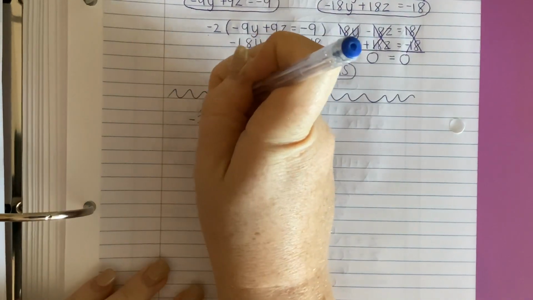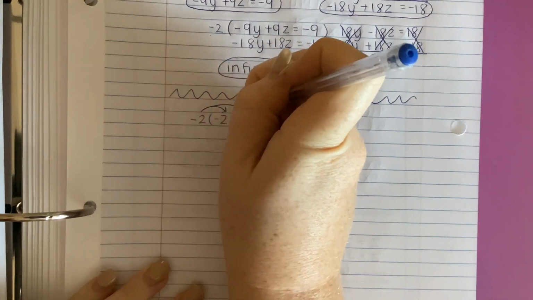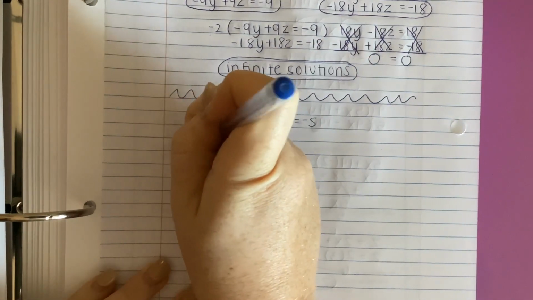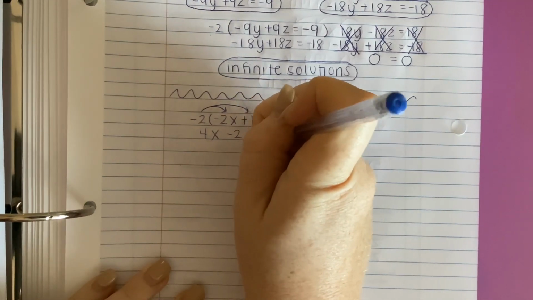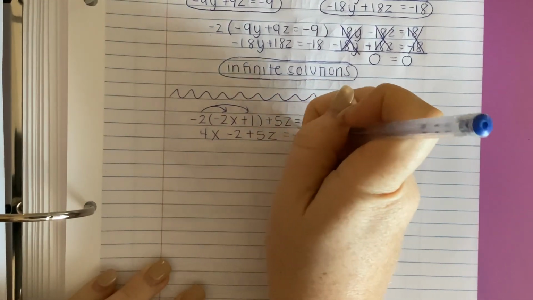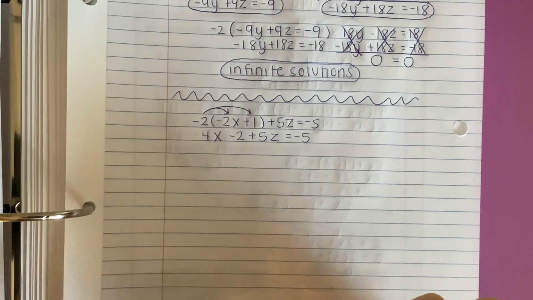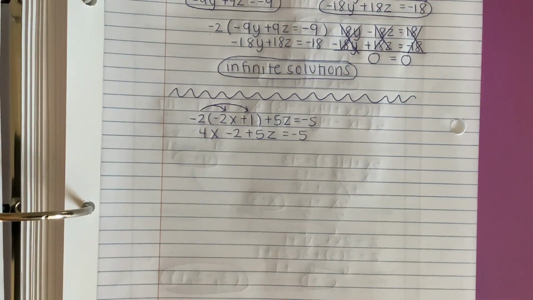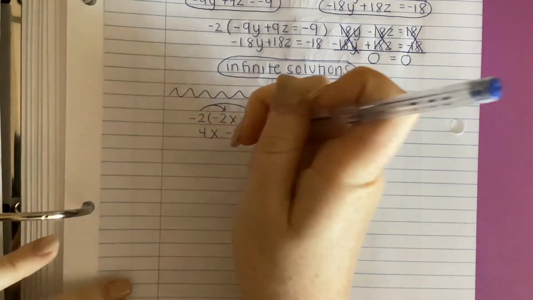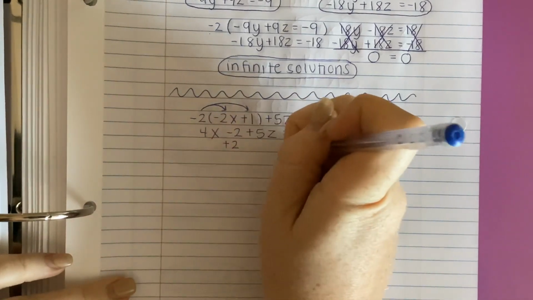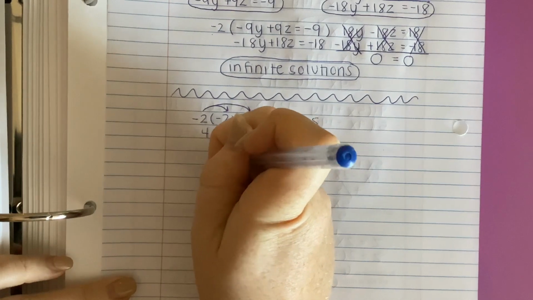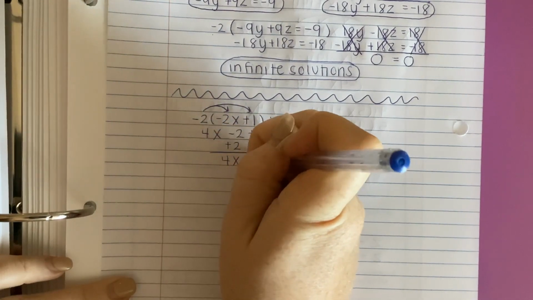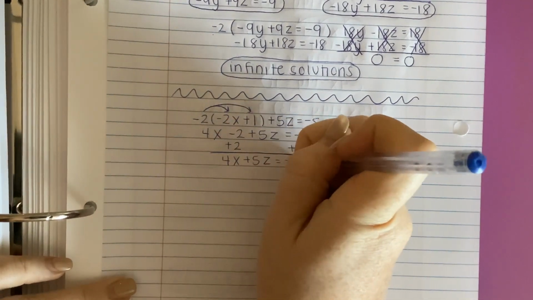And then I would distribute, and this would give me 4x minus 2 plus 5z is equal to negative 5. So no like terms on the left side to combine, but I do want to move that number to the other side. So I would add 2, and that would give me 4x plus 5z is equal to negative 3.